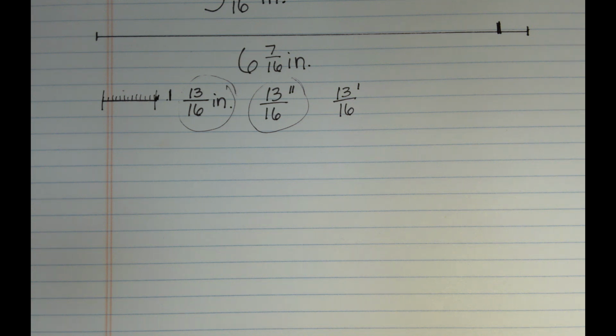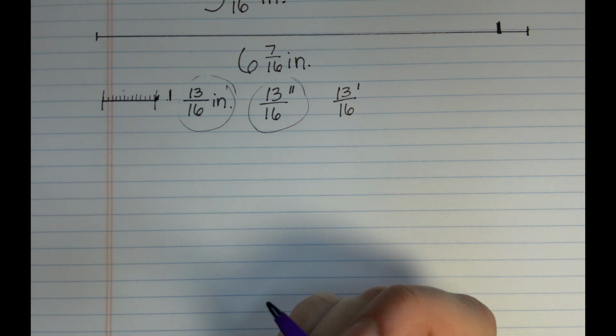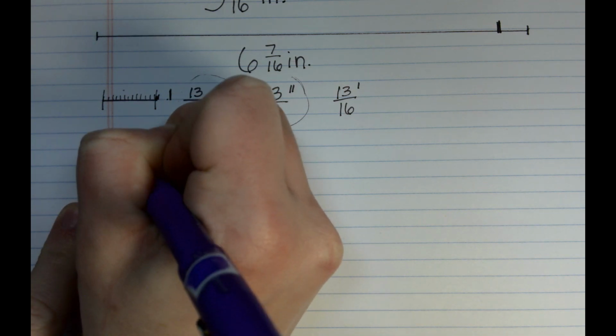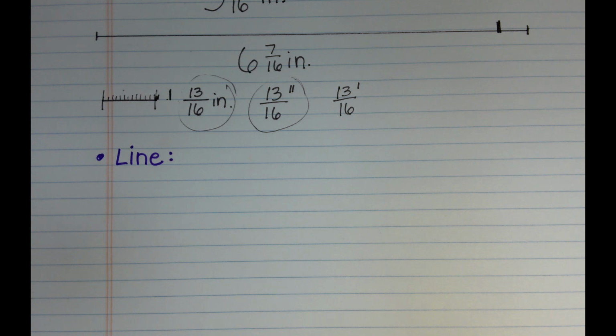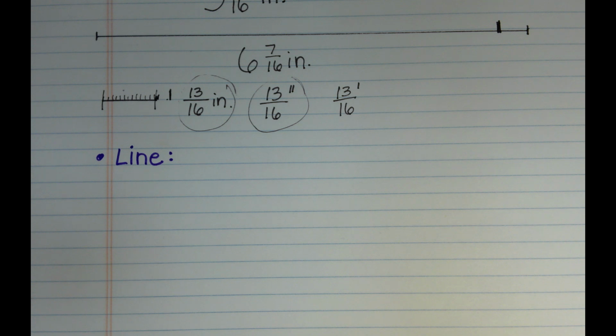The first word we're going to talk about is just a plain old line. Does anybody know what a line is? It continues in both directions. A line is basically difficult to describe.